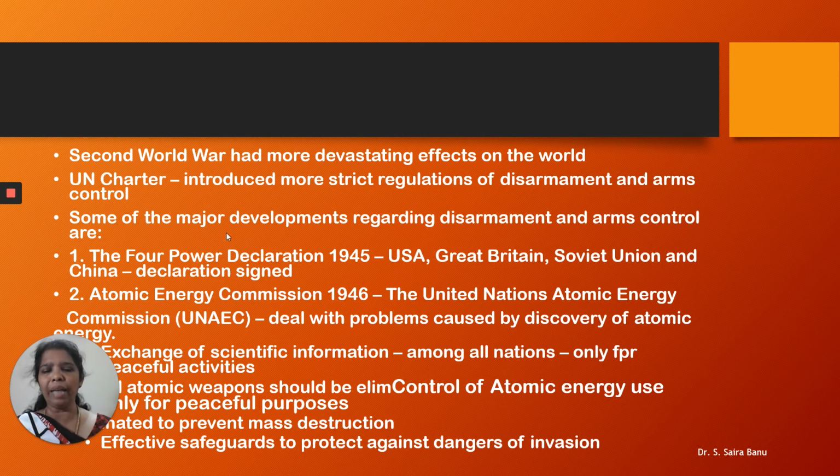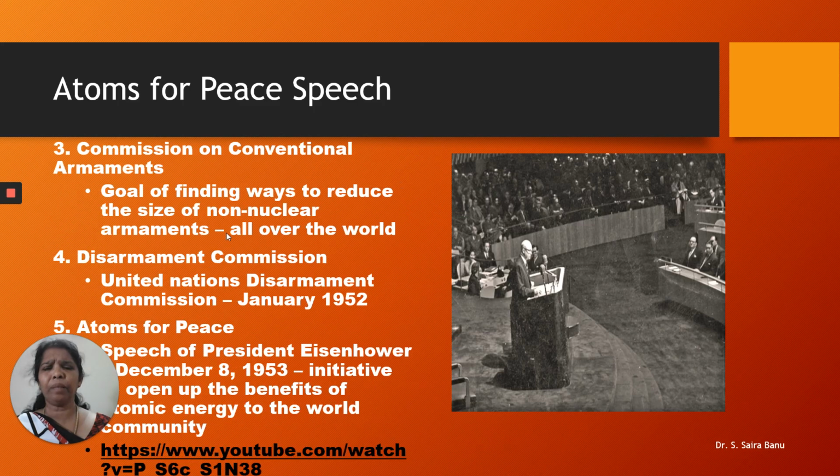Now all that can be shared among countries only for peaceful activities and not for destructive purposes. And atomic weapons should also come under strict scrutiny, and should be used only for peaceful purposes. And to prevent mass destruction, they should be eliminated totally.